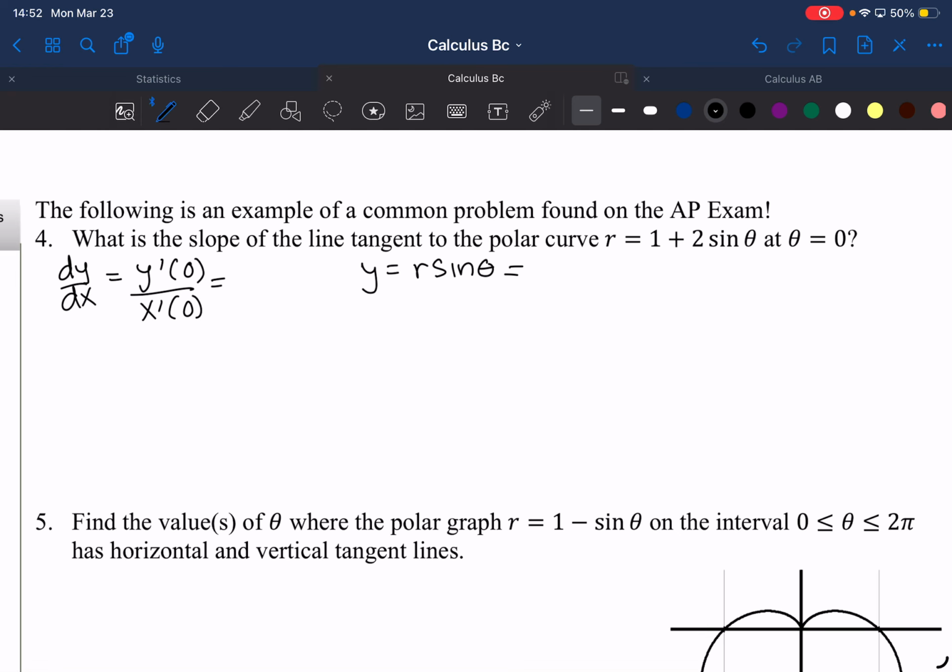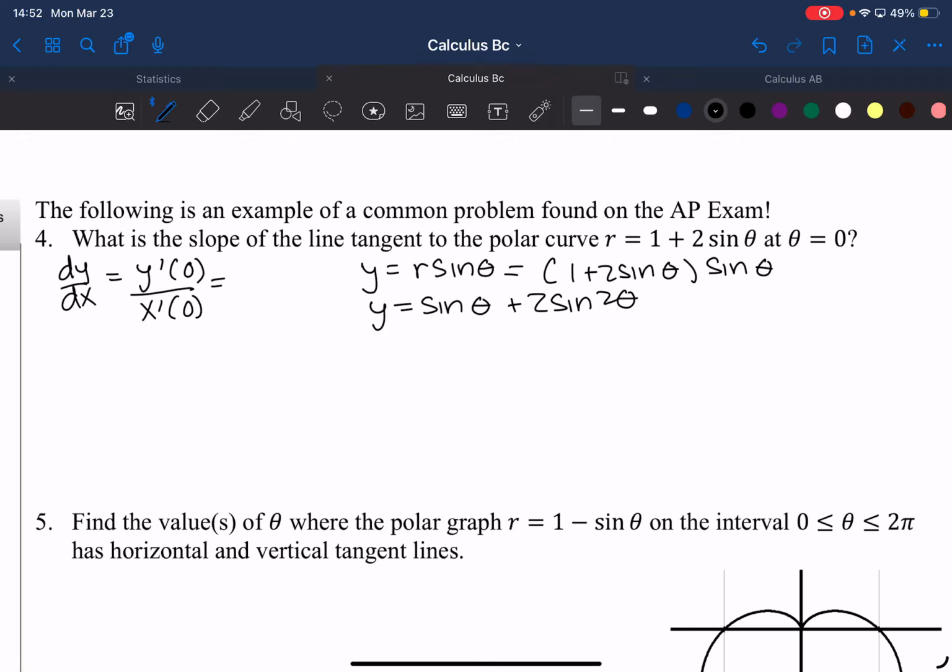So I just plugged in r. Okay, then I'm going to simplify this, and I can do that by distributing sine theta inside. So y is equal to sine theta plus 2 sine squared theta. And then I can take the derivative. Okay, so taking the derivative of sine, I get cosine. And then taking the derivative of 2 sine squared theta, I would use the chain rule. So this becomes 4 sine theta cosine theta.